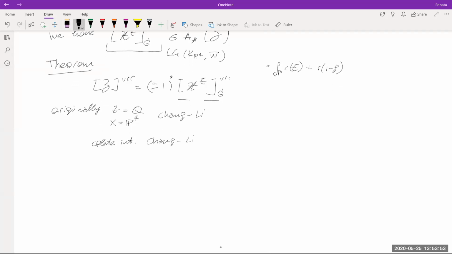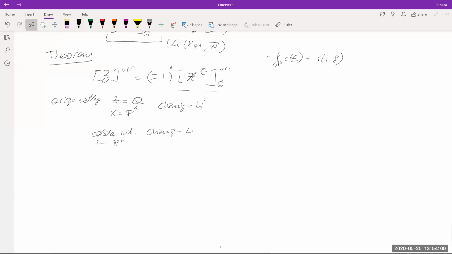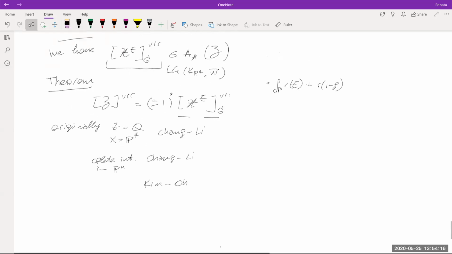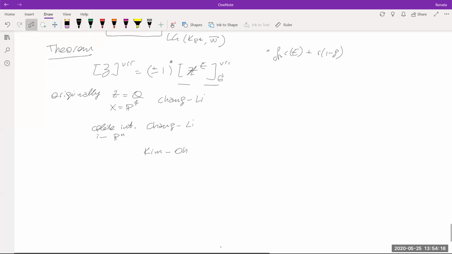Then it's proved again in the case of complete intersections in projective space. Then, still in the case of complete intersections in toric varieties, by Kim and Oh, but this is sort of different because instead of virtual fundamental classes like this, it uses localized Chern characters. And then there's a proof by Shen, Yang, and Webb.